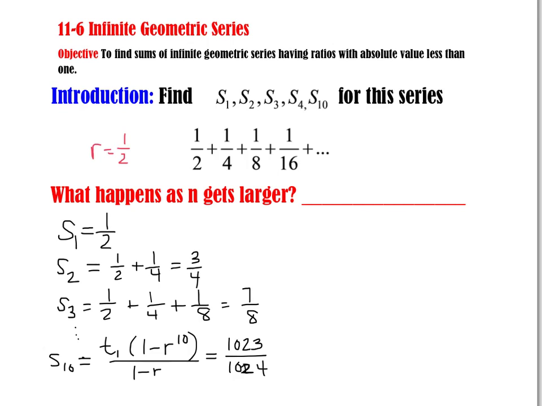So as the n gets larger, what's happening? We're going from 1/2 to 3/4 to 7/8 to 1,023 over 1,024. That's really, really close to 1. So our series is getting closer to 1. Keep that idea in mind. We'll go to the next slide.